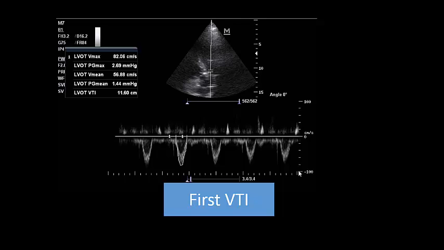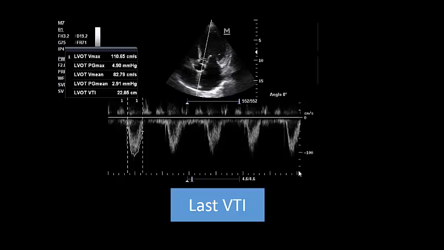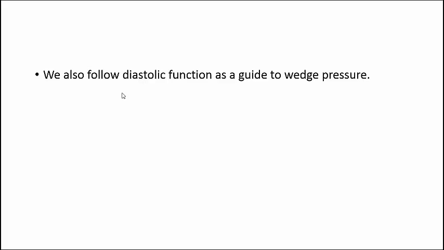After the VTI is no more increasing by this percentage, we stop giving IV fluids. In this patient, we reached 22.85. Good. We almost doubled the stroke volume in this patient. After that, no more increase and no more fluids. So we gave the proper IV fluids to our patient.